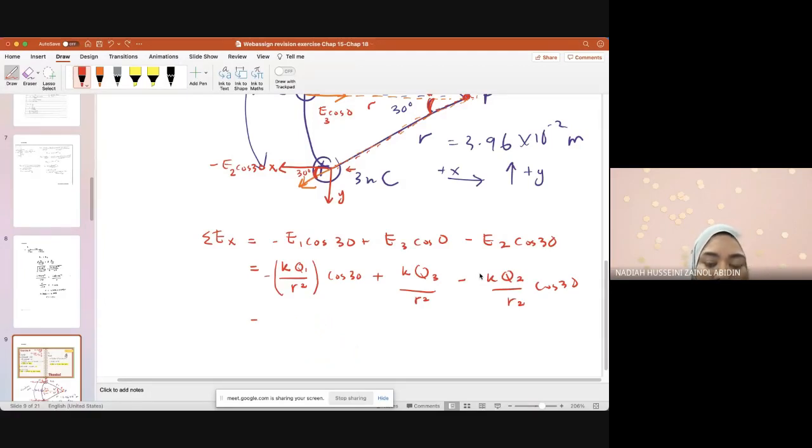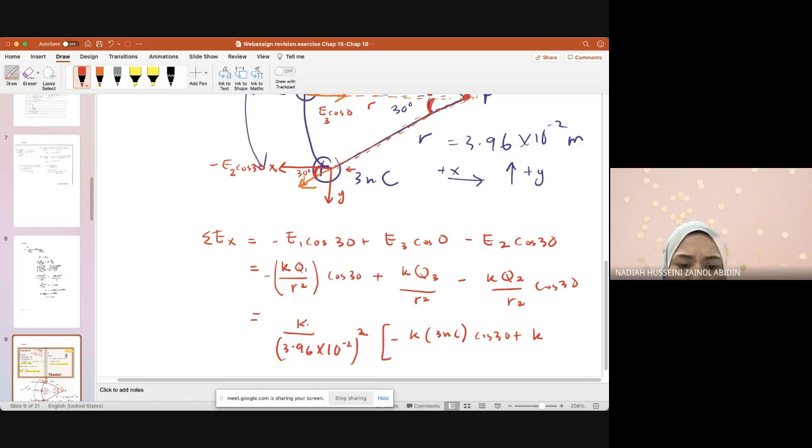Let's factor it out. 1 over 3.96 times 10 to the minus 2. Ni untuk X component je baru. Okay, so minus K, what is K? I don't know. K and then 3 nanocoulomb cosine 30 plus K.